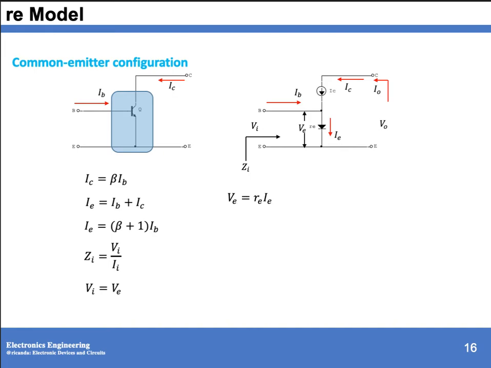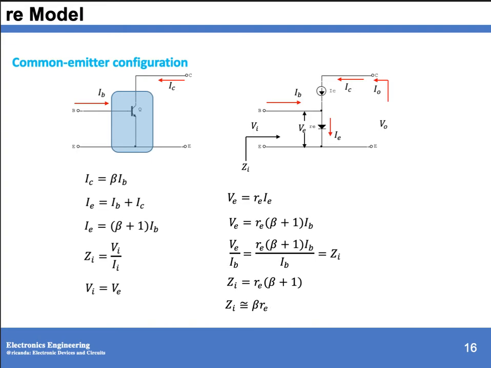If we substitute IE with your IB, we have BE equals RE times beta plus 1 times IB. Dividing this equation by its current, we have your resistance, and we call that your input impedance. Therefore, input impedance is RE times beta plus 1, or we can approximate your input impedance as beta RE.